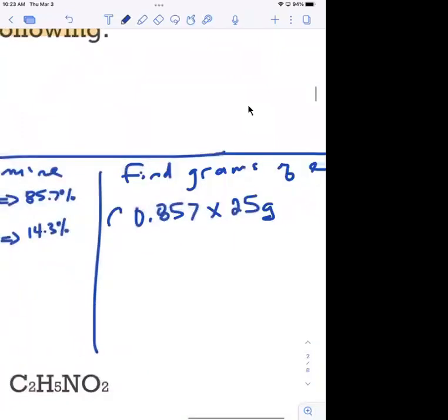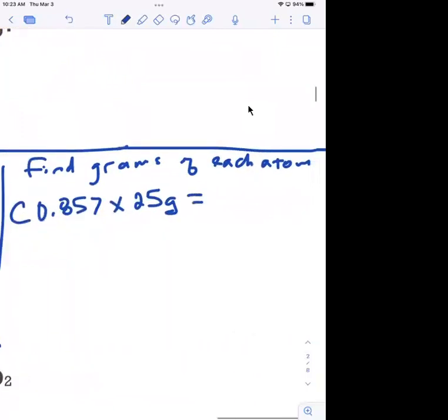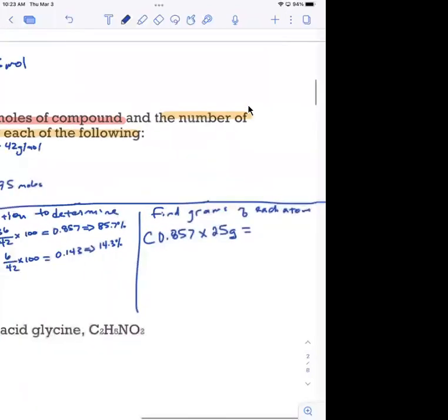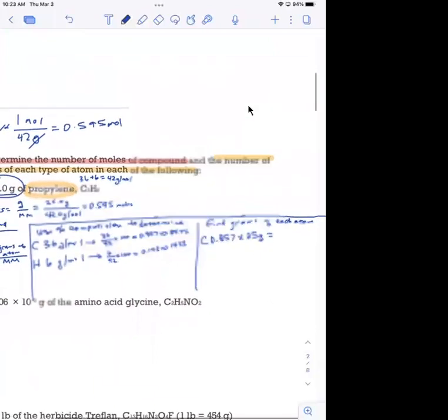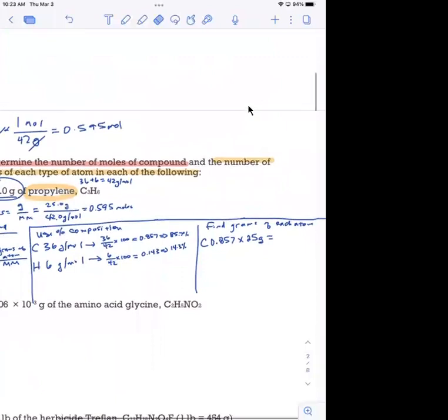times the total sample mass. And this is for carbon. What do you get for that? If you do 0.857 times 25, I got 21.43.